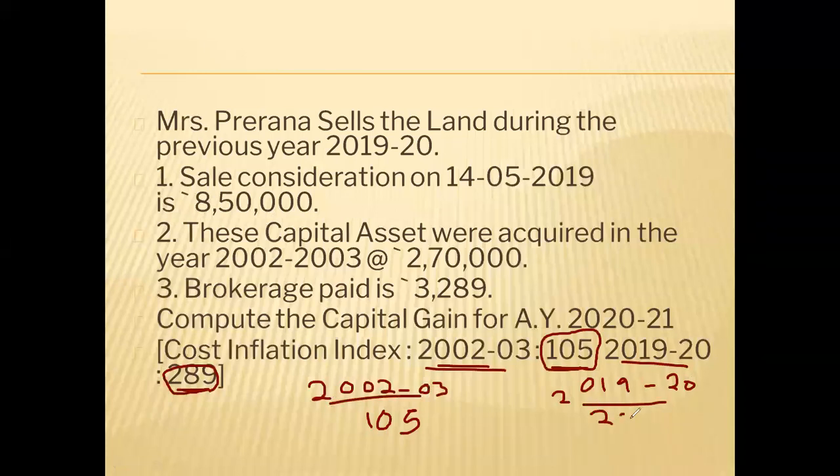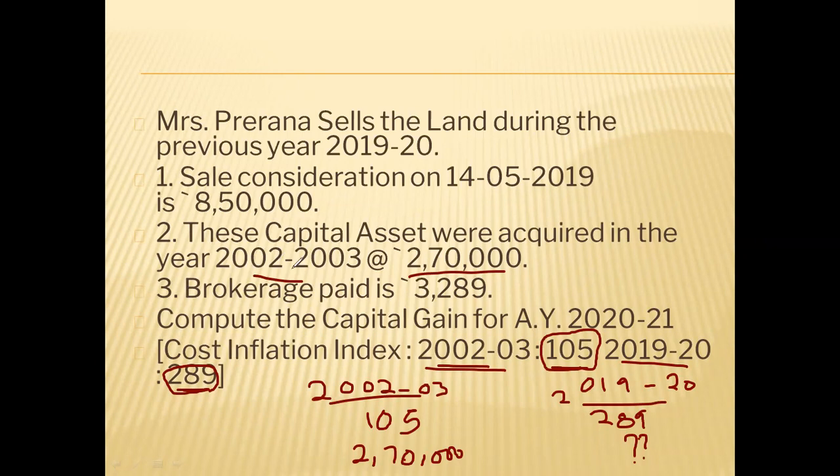Now see, in 2002-3, you have purchased this property for 2,70,000. So what will be its corresponding cost in 2019-20? That we will have to calculate, because we are comparing 2019-20 and 2002-3.